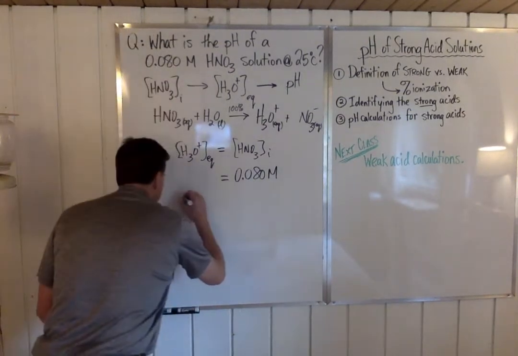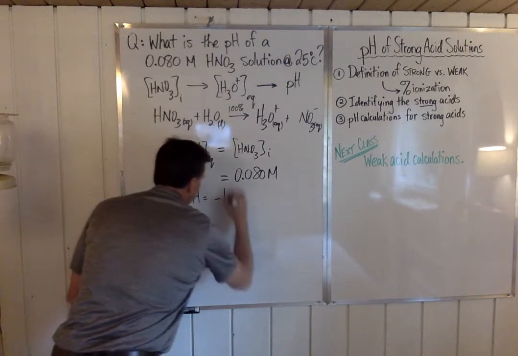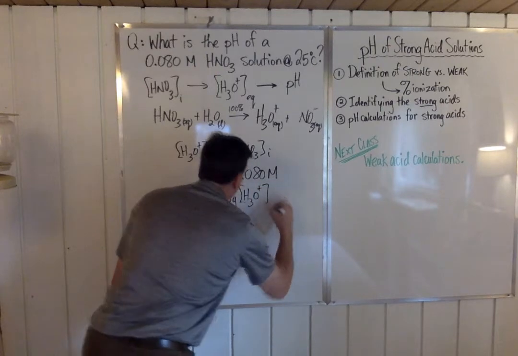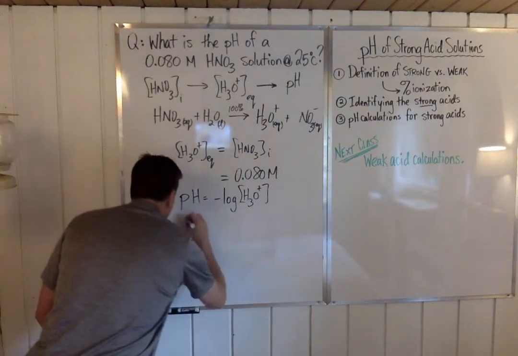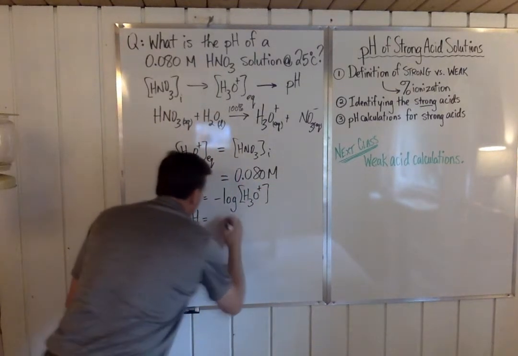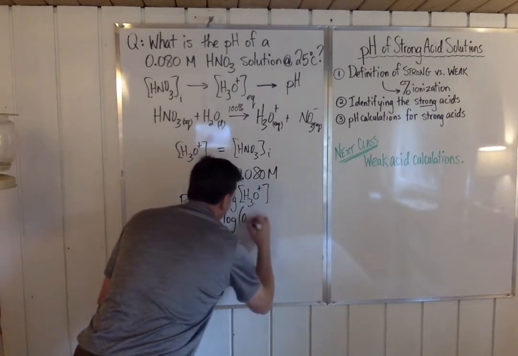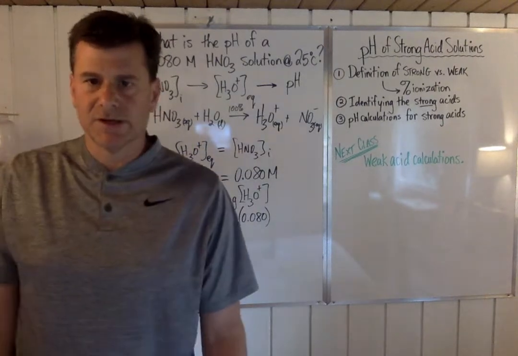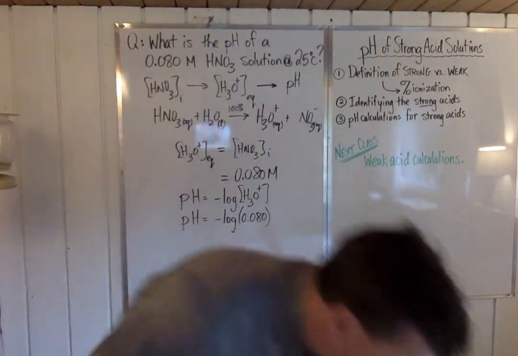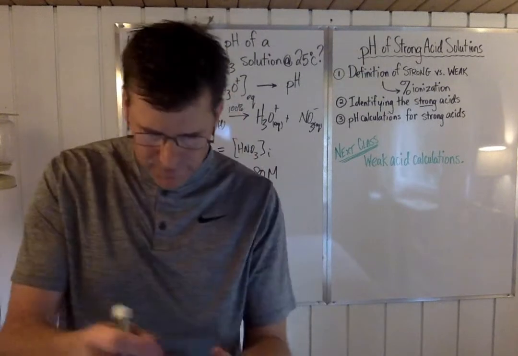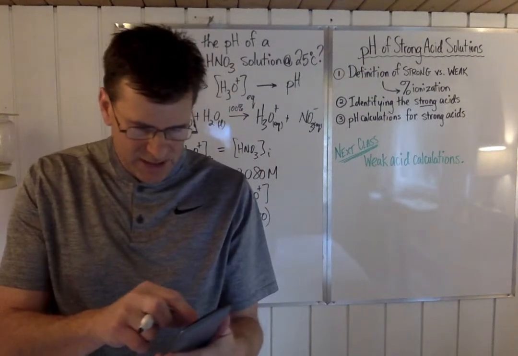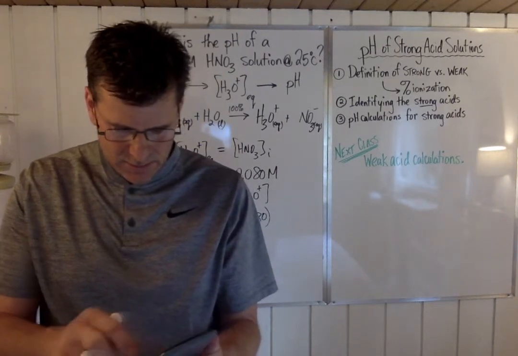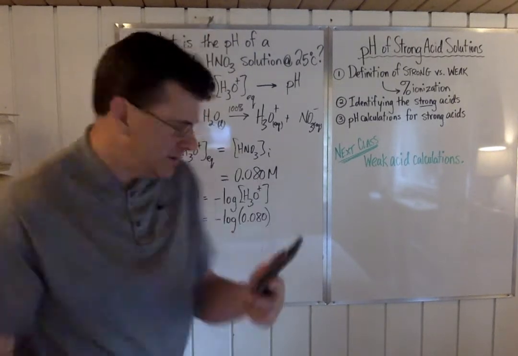So the pH equals the negative log of the hydronium, which we just figured out is 0.080. So then you pull out your calculator and you take the negative log of 0.08 and you write down your answer.